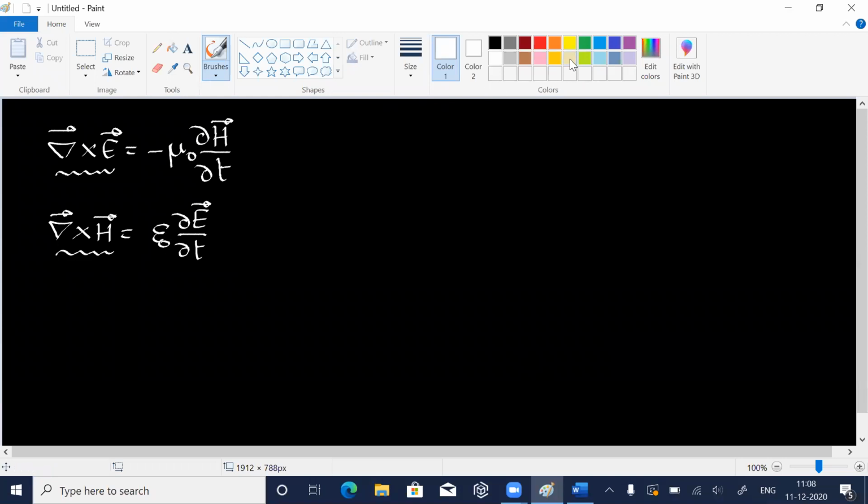For example, take some point in free space. At that point, the magnetic field is varying in time. That will induce a spatial variation of the electric field. Not only does the electric field vary spatially, but also in time.